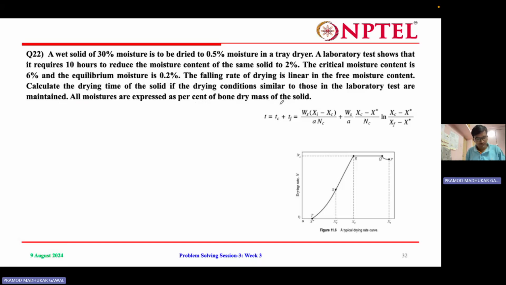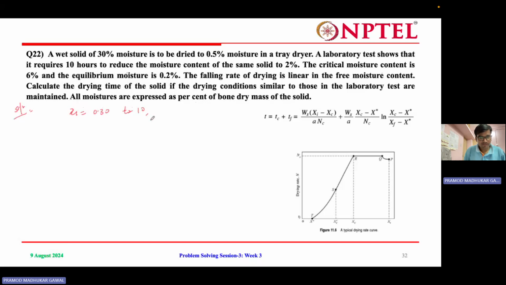So in this question, Xi is given as 0.3, right, and 10 hours of time is required to reduce the solid moisture to 2%.